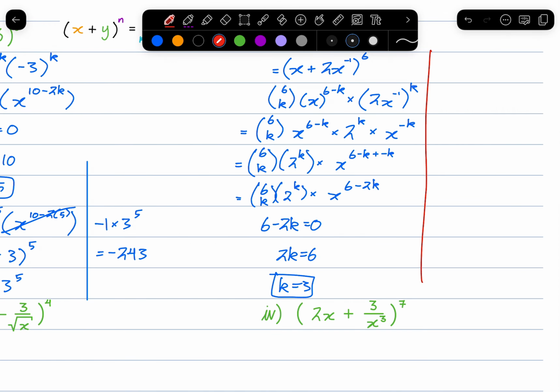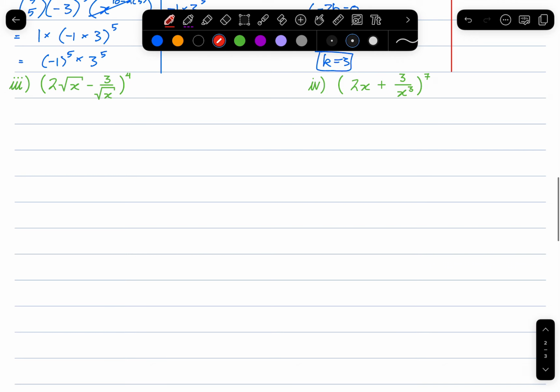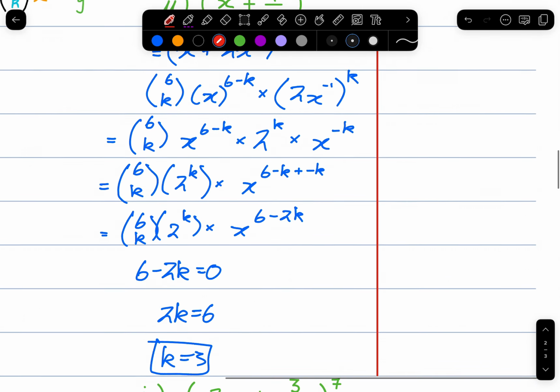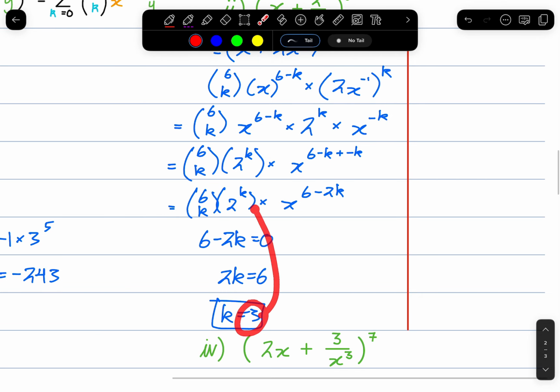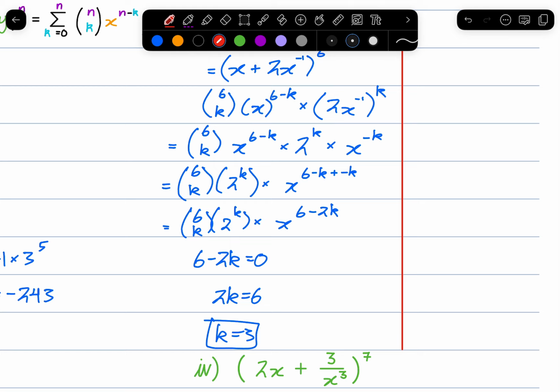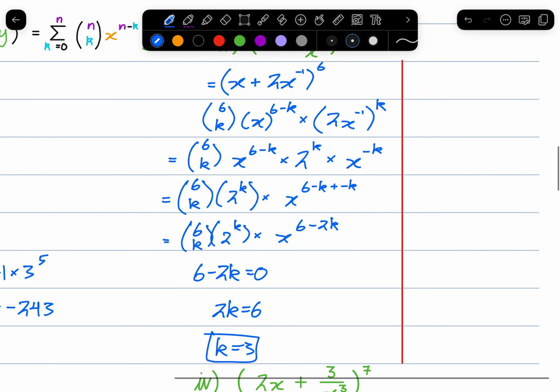From here, we now just substitute 3 into the appropriate positions. So this now becomes 6 choose 3, times 2 to the power of 3, times x to the power of 0.